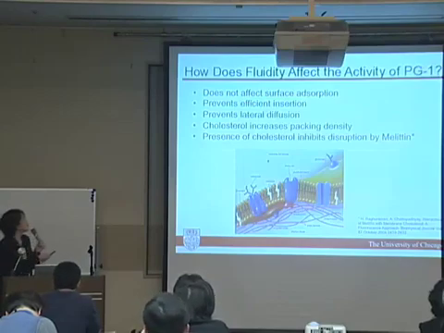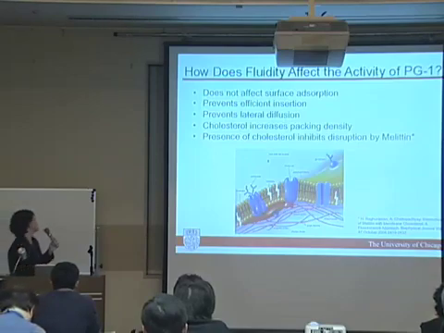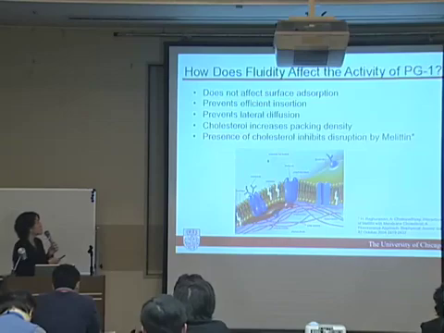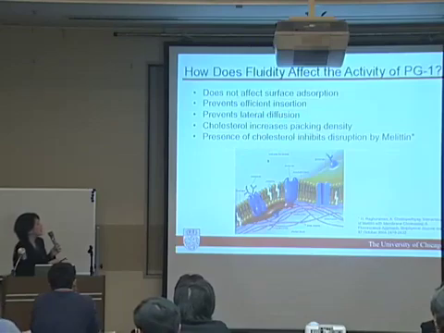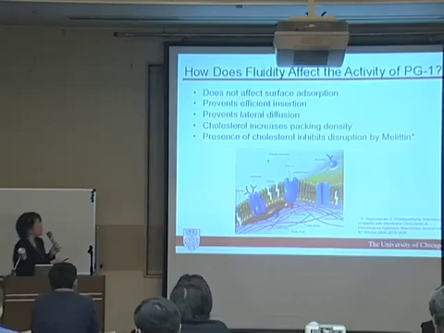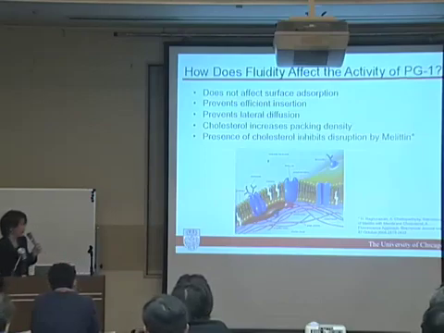It also prevents lateral diffusion, making it harder for them to form pores. In fact, one of the strategies to inhibit the disruption by the antimicrobial peptide is to add sterol into the system, for example, things like melatonin.